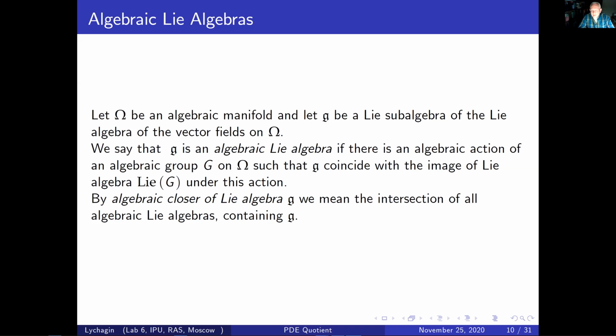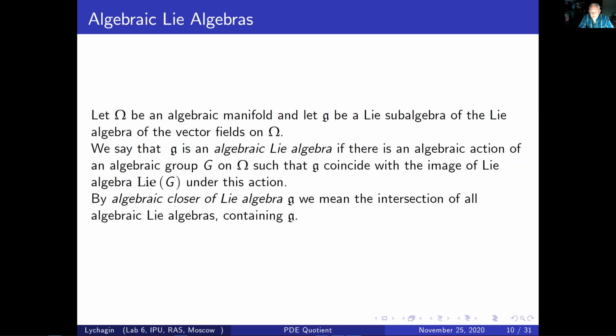And now the question: can we take any Lie algebra and apply Rosenlicht's theorem or not? First of all, let's introduce such a notion, algebraic Lie algebra. We take some Lie algebra of vector fields on our algebraic manifold, and an algebraic Lie algebra is simply an algebra that corresponds to some action of an algebraic group on this manifold.